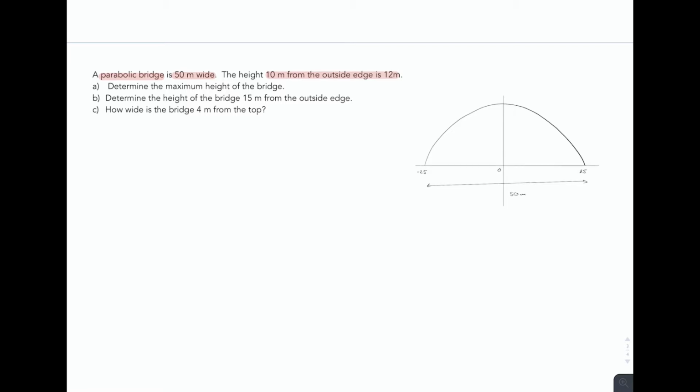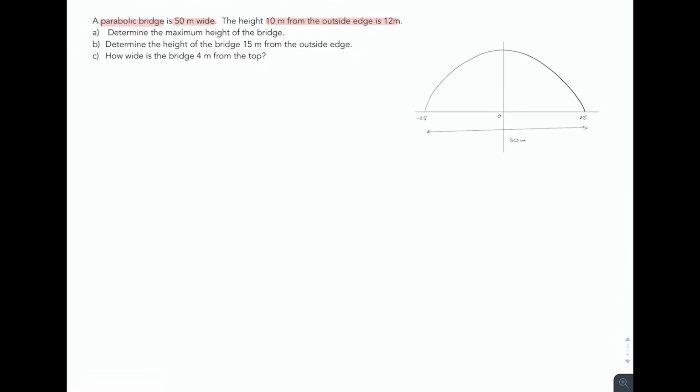So I know it's 50 meters wide, so that means from one end to the other, it's going to be 50. And because I'm kind of centering it around 0, I'm going to have a negative 25 on this end and 25 on this end.